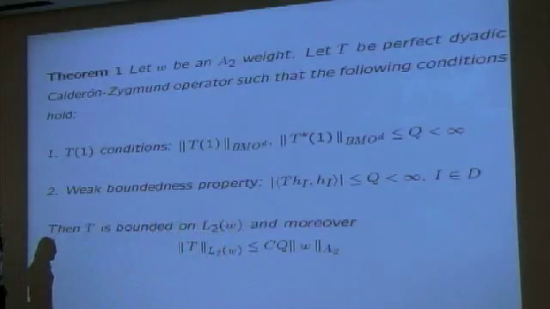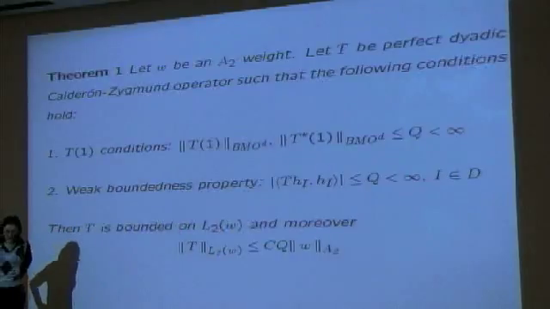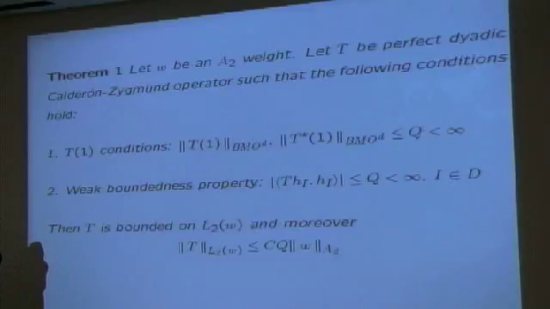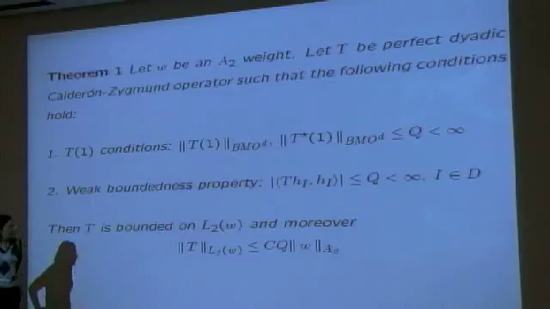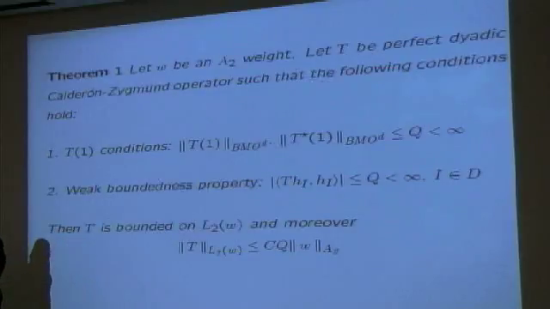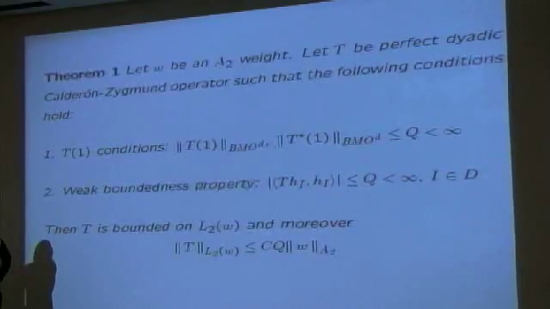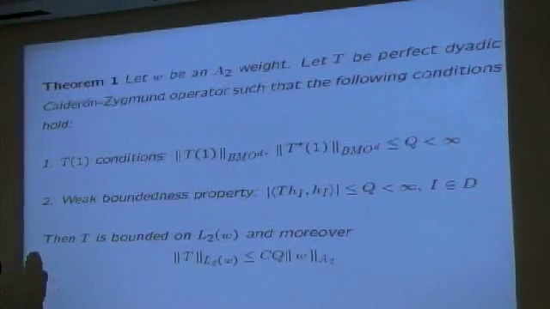And the weak boundedness property, or the testing condition, I'm testing my operator on just Haar functions and dotting them with Haar functions. If this thing is uniformly bounded, then my operator is bounded in L2, nothing new there. In L2 of W, nothing new there. But moreover, it's bounded linearly with respect to the A2 constant of the weight W.